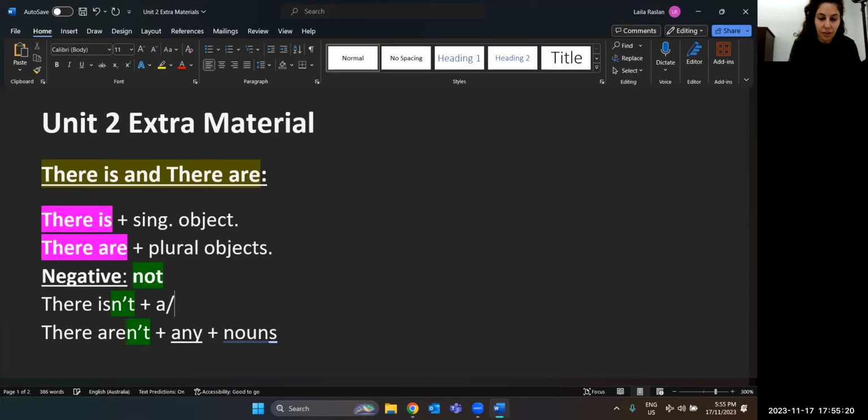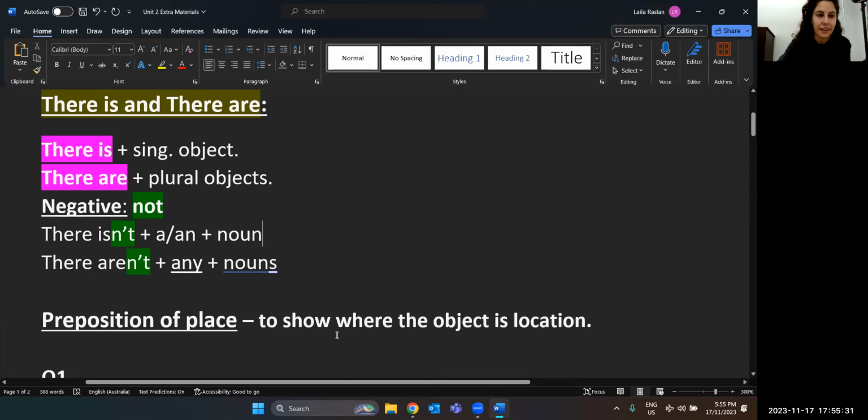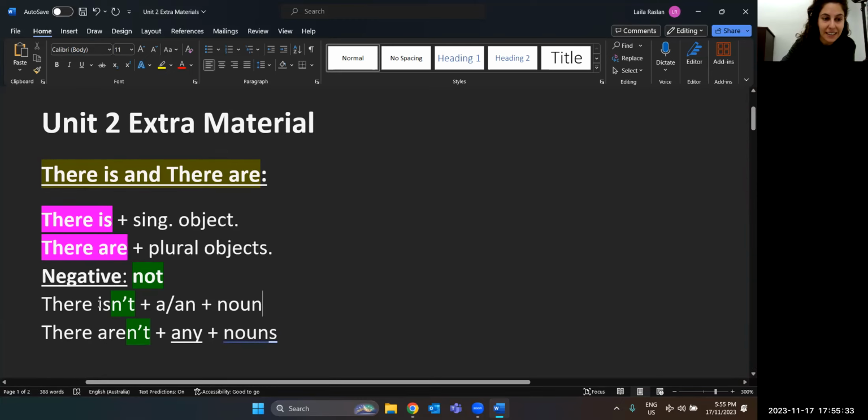We need to put a or the, or a or an, and then the noun. Okay, so that's how we make a negative. We need to connect isn't and aren't. One is singular, the other one is plural.